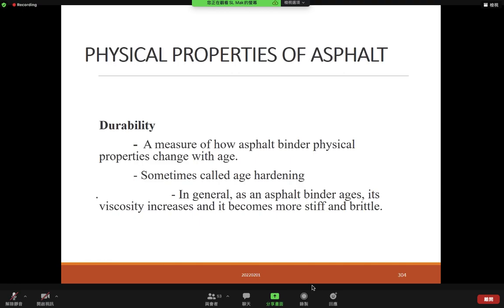Sometimes we call it age hardening. In general, as asphalt binder ages, for example as the road is used over and over, its viscosity increases and it becomes more stiff and brittle. That is why the surface of the road should be replaced regularly.